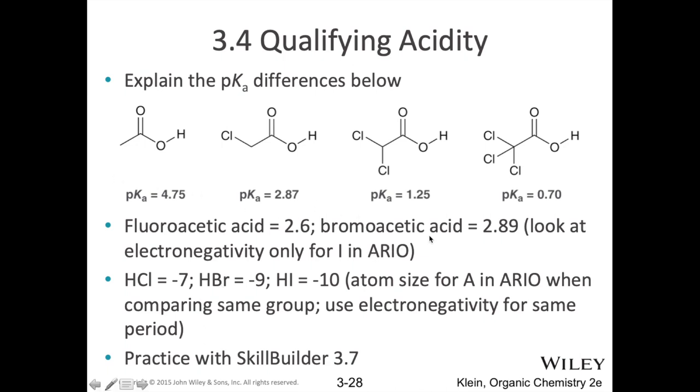Here, bromoacetic acid is a weaker acid than chloroacetic acid, because in the case of induction, the bromine's not housing that negative charge, it's just having an inductive effect. Electronegativity is what matters here, not the size of the atom. The size of the atom doesn't help contribute that inductive effect. So keep this in mind when you're comparing two acids based on the atom that's housing a negative charge, using the A in REO, or looking at inductive effects, the I in REO.